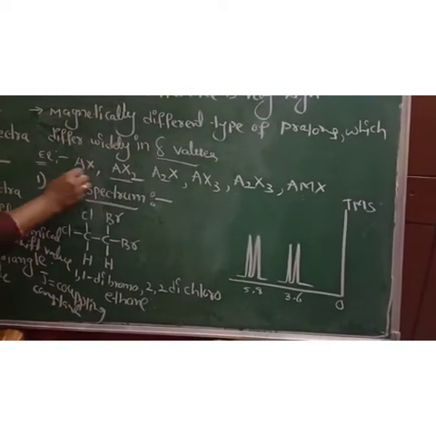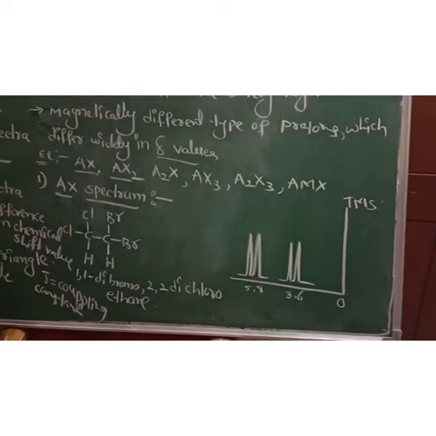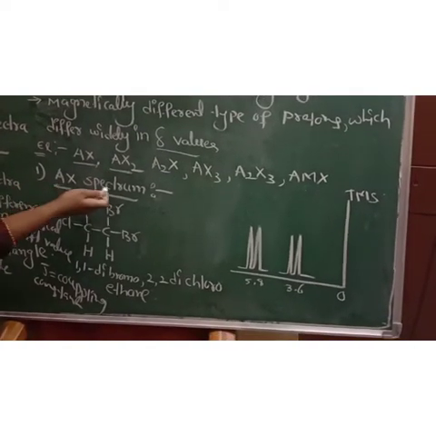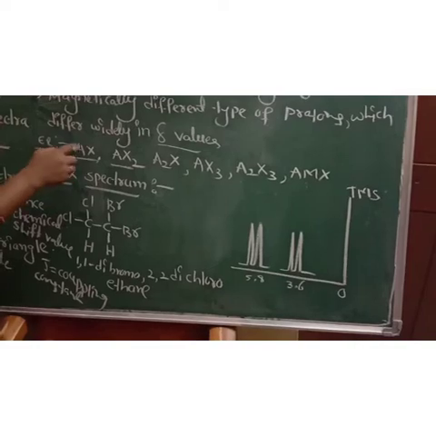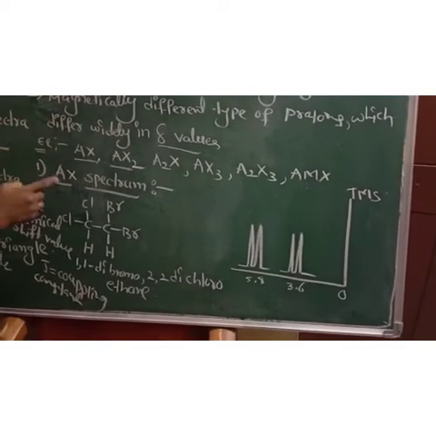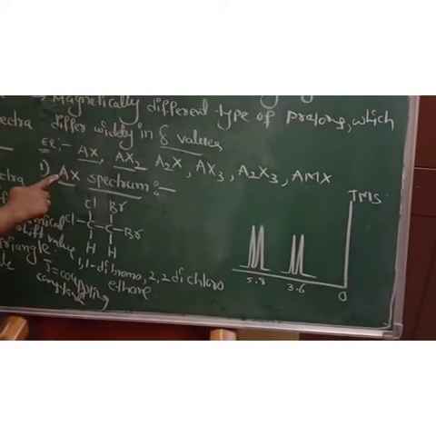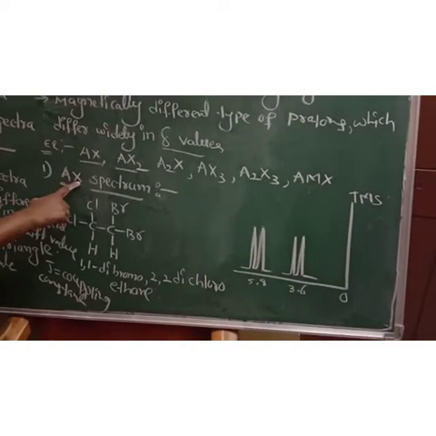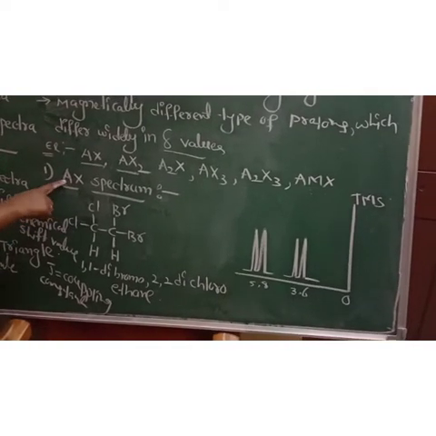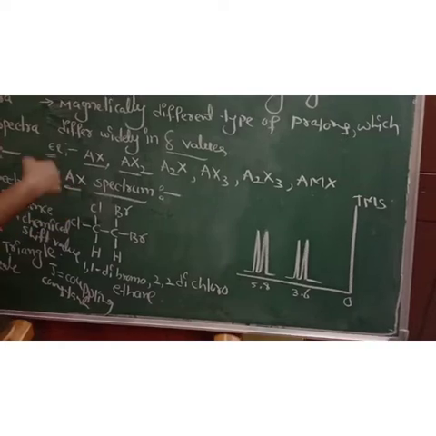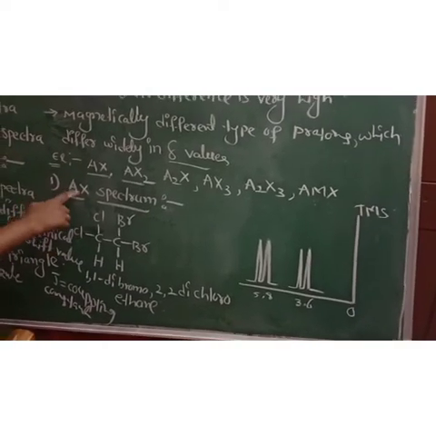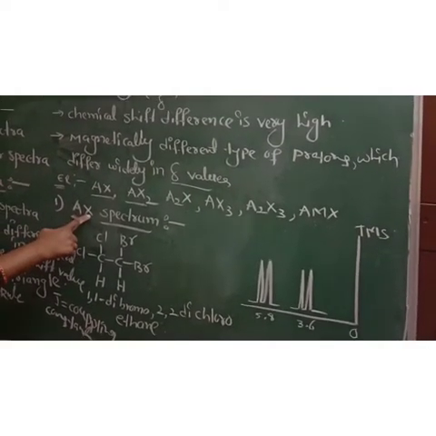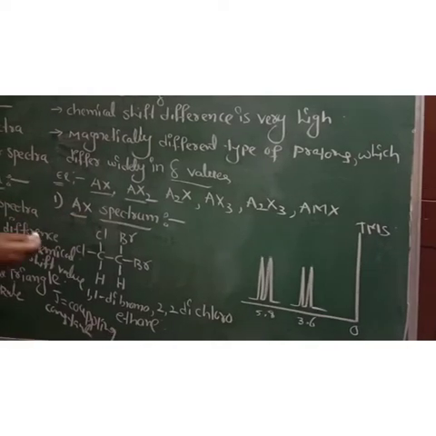Let us take the first one, the AX type of spectrum. Different types of protons are designated by A and X. A means one type of proton and X means another type of proton; these two are non-equivalent protons. Let us see this in one molecule.